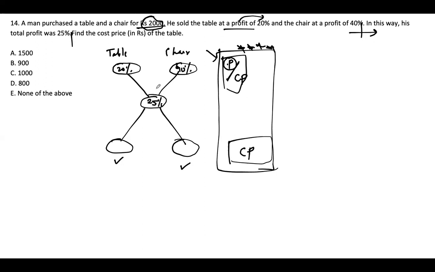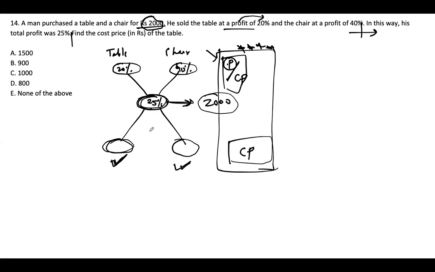It should be here now. This tells you what is the total sum. This is price of table, this is price of chair. This is profit percentage, but this box is with respect to the total cost, that is 2000 rupees.